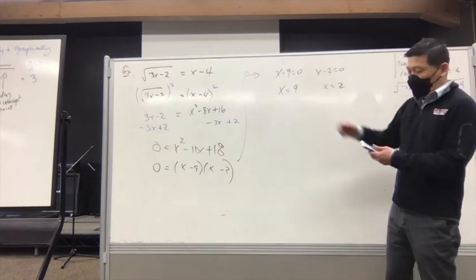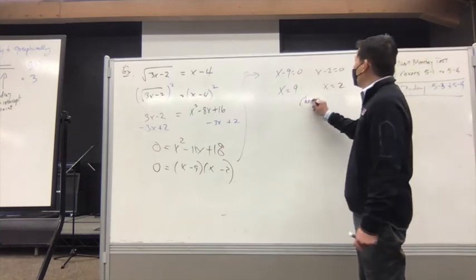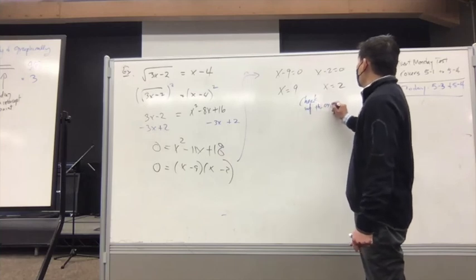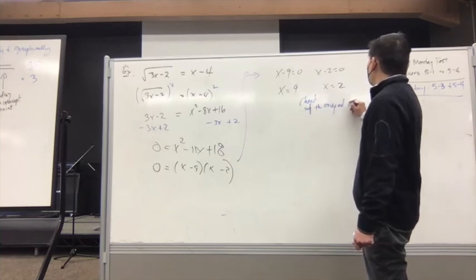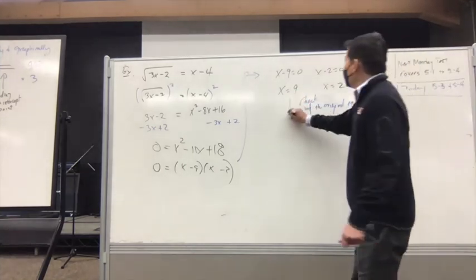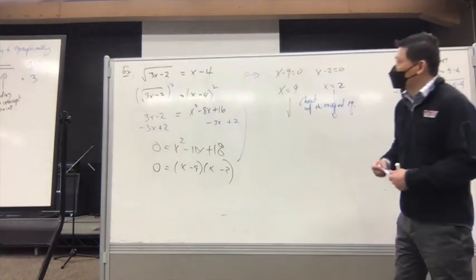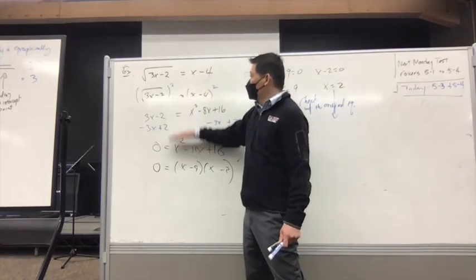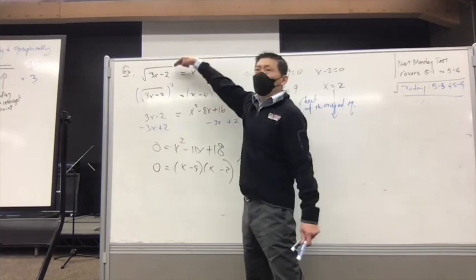Okay, so here you gotta check, right? Remember, you gotta check with the original equation. Let's start with this one first. Not any of these that you have transformed, but the original one.